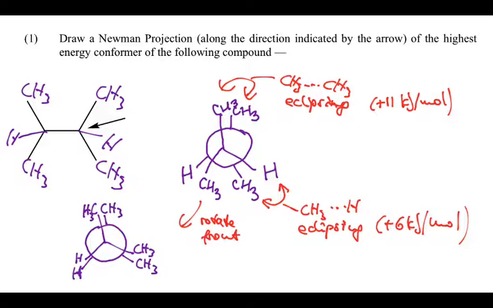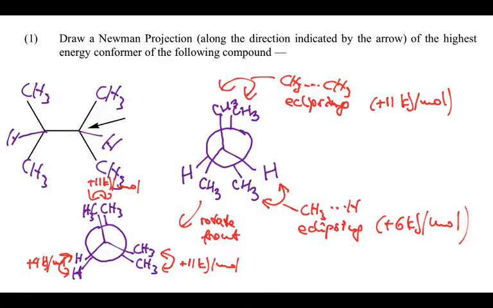Now let's calculate the total relative energy for this one. The energy cost here is plus 11, because that's CH3 eclipsing. This one up here is also plus 11 kJ per mole. What about H-H eclipsing? 4. So plus 4 kilojoules per mole. What's the total for this one? 26.